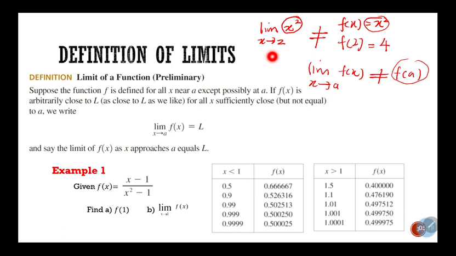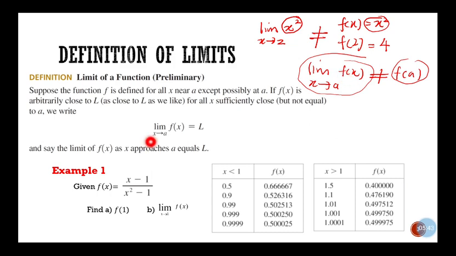This is a function, but this is the limit of a function. So this is just x approaching a, not x equal to a. But for x approaching a, there is a possibility that the value is the same as when x equals a and we put it into f(x). Hope you are clear about this, alright?